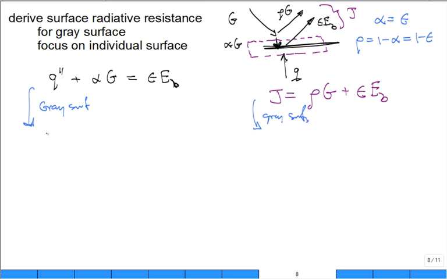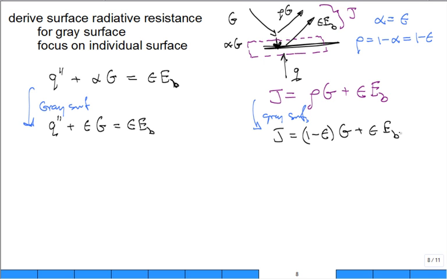So our heat flux, if you want to get rid of that Q double prime, put Q divided by area. You can do that or do it later. Let's do it later. Q double prime plus the emissivity times G equals the emissivity times EB. How about this equation? J is equal to 1 minus the emissivity times G plus emissivity EB.